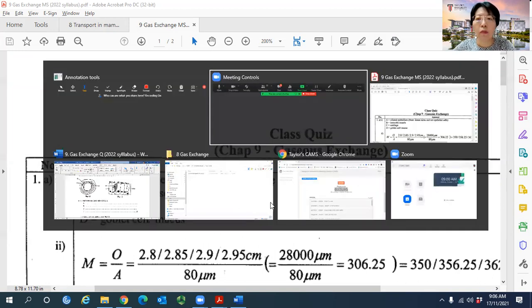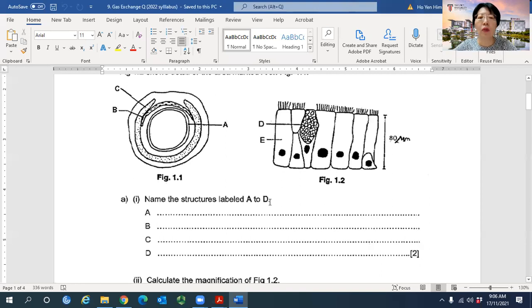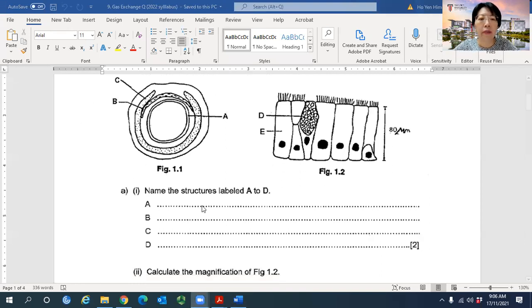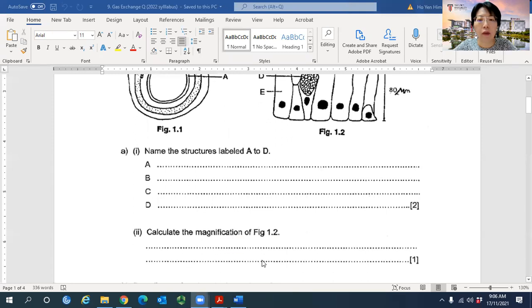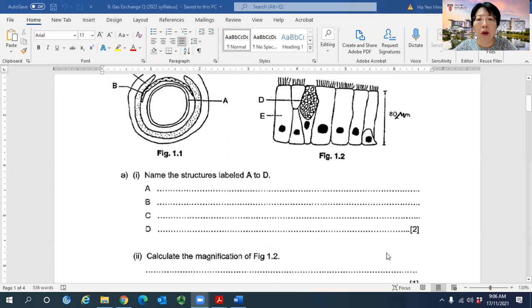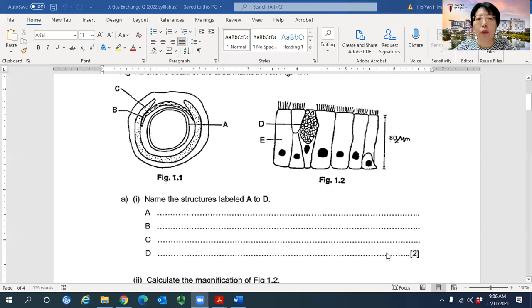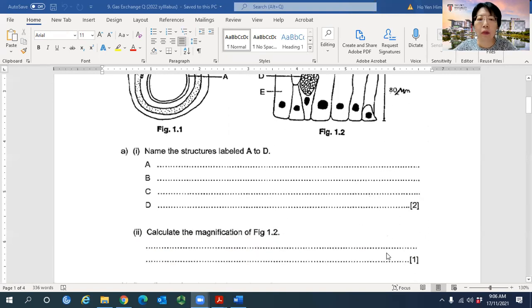Okay, part two, you need to show the working. So you're asked to calculate the magnification of figure 1.2, 1 mark. Now, because it depends on whether you print it out or you do it on your laptop or on the screen, your answers could be different.